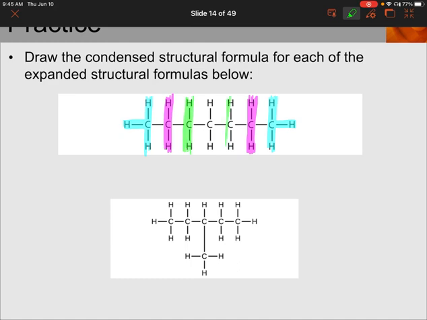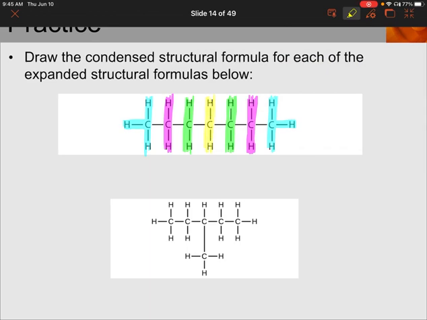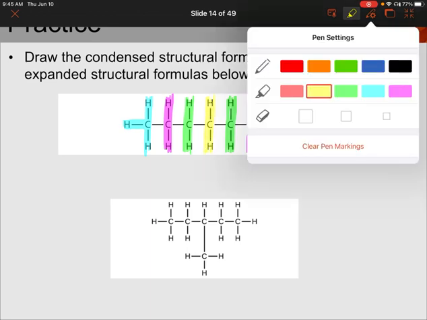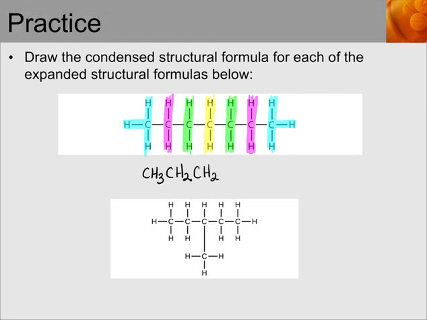I'm just going to highlight them different colors so we can kind of see where they end up. And then we have CH2 in the middle. Okay, so CH3, that'll be our blue carbon on the left-hand side. Next to that is our purple CH2. Then we have a green CH2. Then our yellow CH2, green CH2, purple CH2, and then blue CH3.